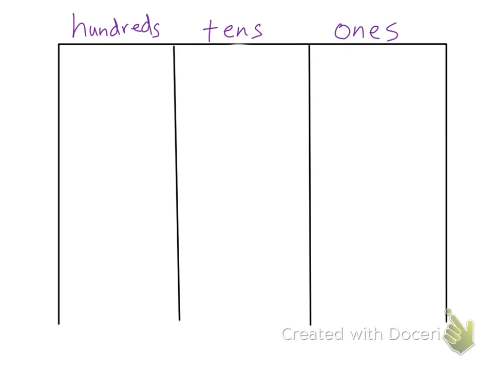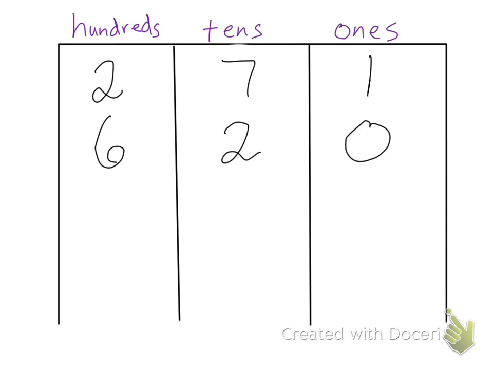If I have 271, you would put the 2 in the hundreds place, then the 7, then the 1. 271. 620. So you'd put the 6 in the hundreds place and then the 2 in the tens. But since it's 20, there are no ones. So you'd say 620.